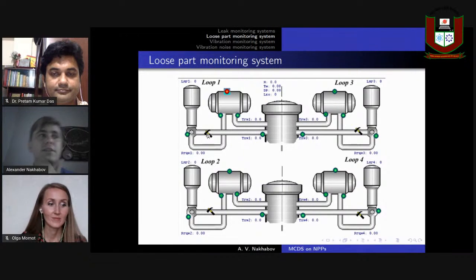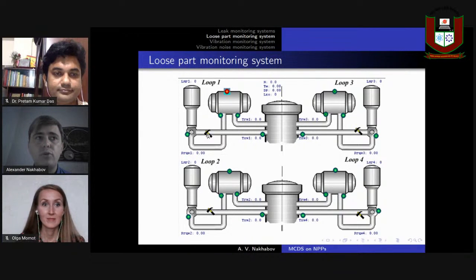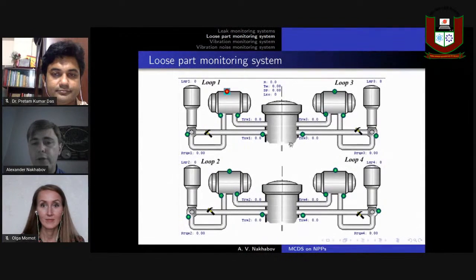Testing hammers are used just to initiate some test shock on the pipeline. And in this case, we just should monitor signals on different sensors. It's actually some preliminary testing of this system. And you see, before entering the reactor vessel, before entering the steam generator, and so on, some key points of the circuit from this point of view.